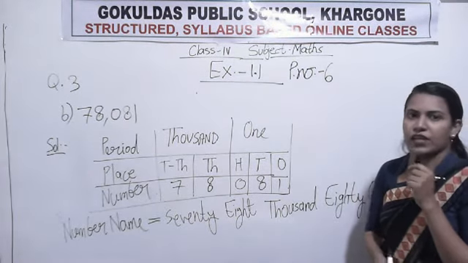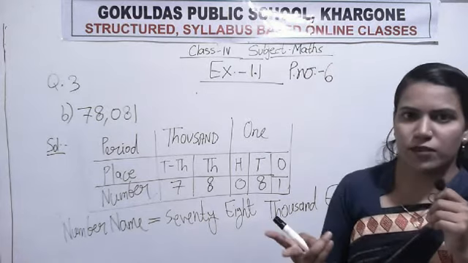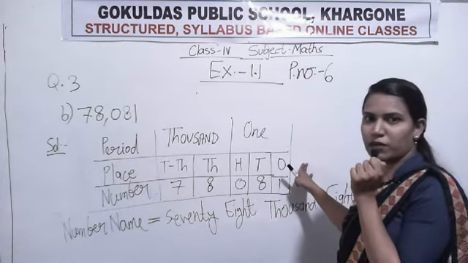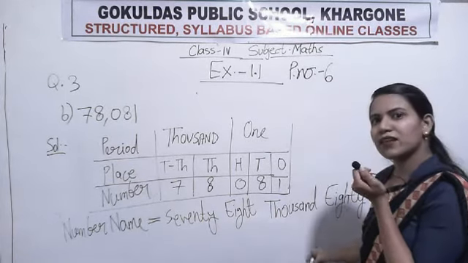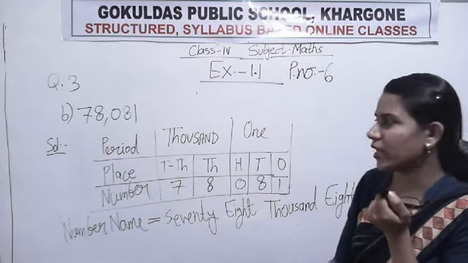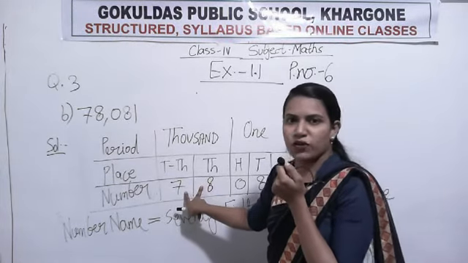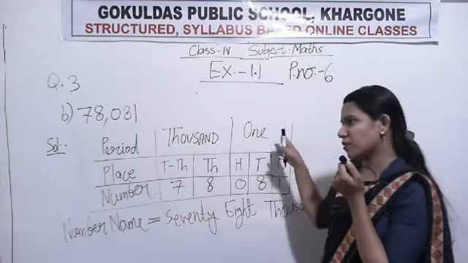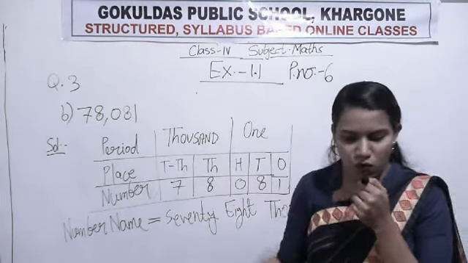Okay. So for all the questions, I think you have to make this place value chart and do the further steps. In this question also there are 2 steps. First, make the place value table and then write the number name. How do you write the number name? First you write the number, then its period, then the number, then its period, then the number, then its period. Okay.